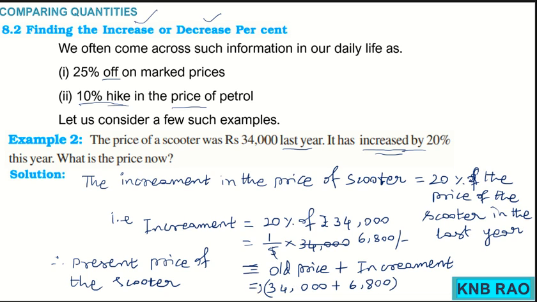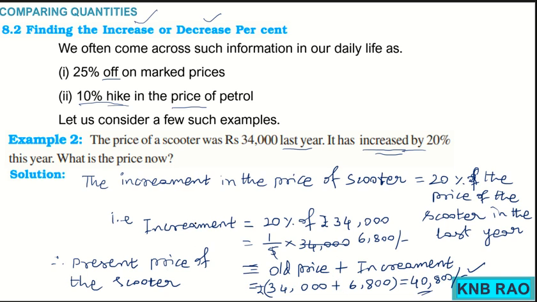This put together becomes the total price, where this sum 40,800 is the final price or the present price of the scooter.